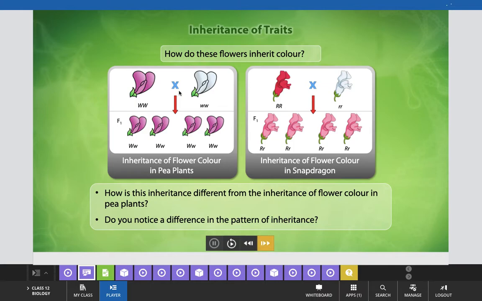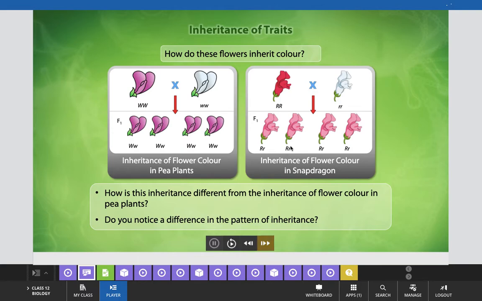Now in pea plant, as Mendel has studied, when purple and white color flower plants are crossbred, then in the F1 generation, due to the law of dominance, Mendel observed all the plants with purple color flowers, which showed that purple is dominant over white.